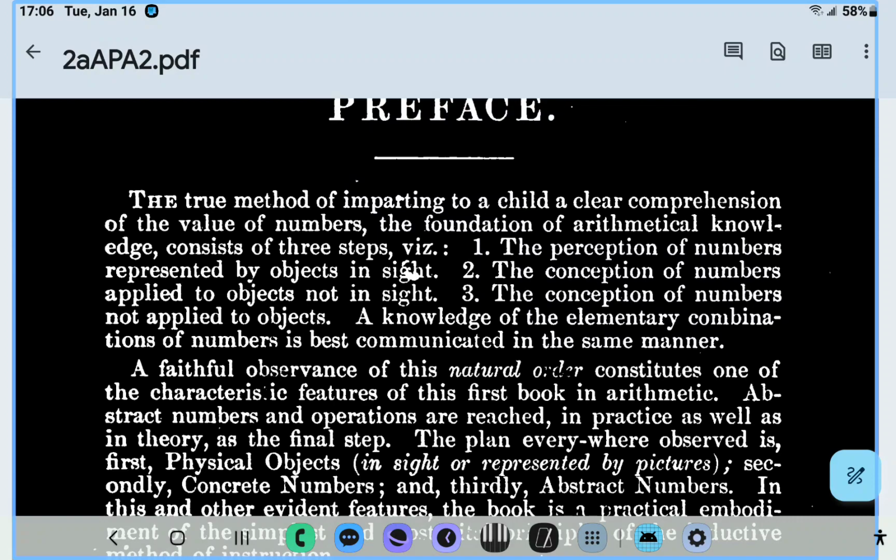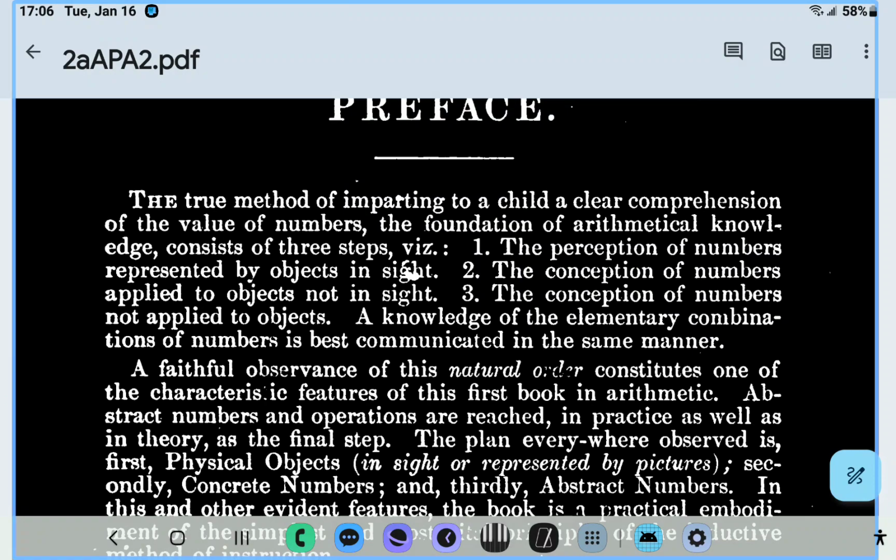A faithful observance of this natural order constitutes one of the characteristic features of this first book in arithmetic. Abstract numbers and operations are reached, in practice as well as in theory, as the final step. The plan everywhere observed is: first, physical objects in sight or represented by pictures; secondly, concrete numbers; and thirdly, abstract numbers. In this and other evident features, the book is a practical embodiment of the simplest and most vital principles of the inductive method of instruction.